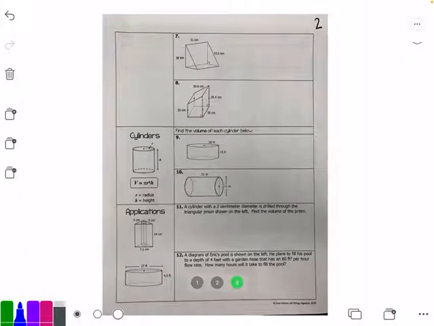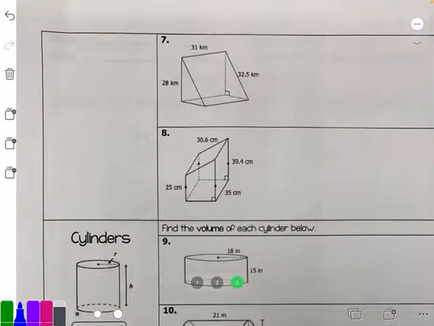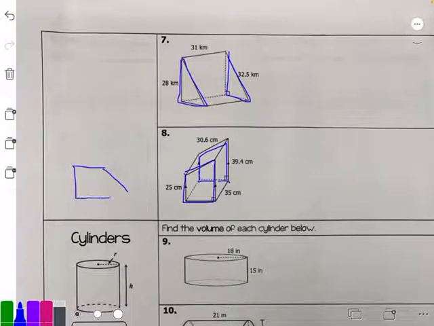On the next page, I'm just going to help you guys out by identifying your bases. Here you've got two triangles, identical shapes that are not touching each other. And then here on this one, hard to see, but again, these are two trapezoids, okay? I'm going to draw the trapezoid, I'm going to rotate it, and on its own, I'm not an artist, we all know that.